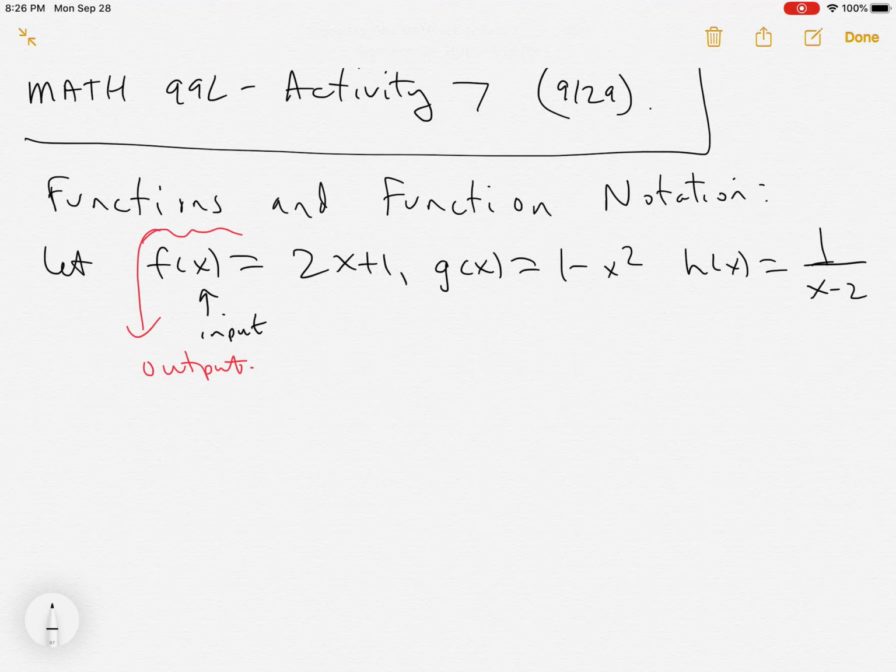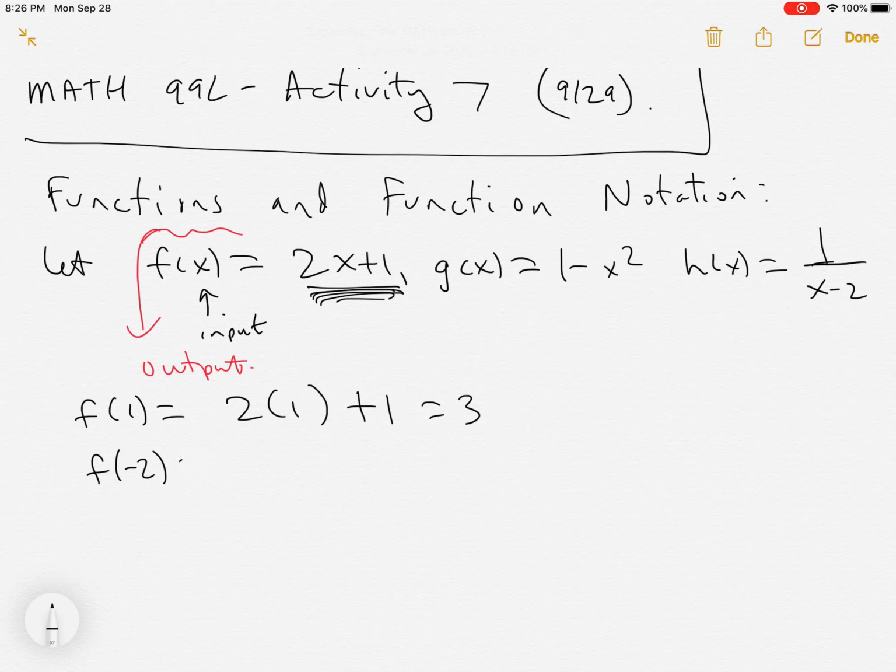Given these f of x, g of x, and h of x, let's look at f of 1. The idea here is that wherever you see an x, you put a 1. So this is 2 times 1 plus 1, which is 3. Let's look at f of minus 2. This is 2 times minus 2 plus 1, which is minus 3.